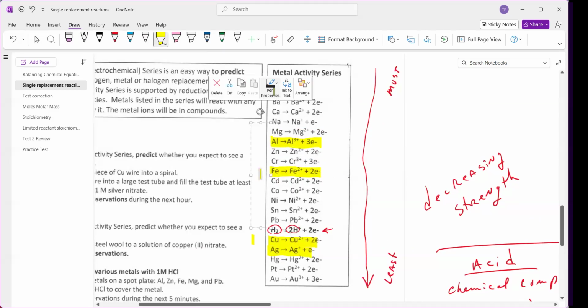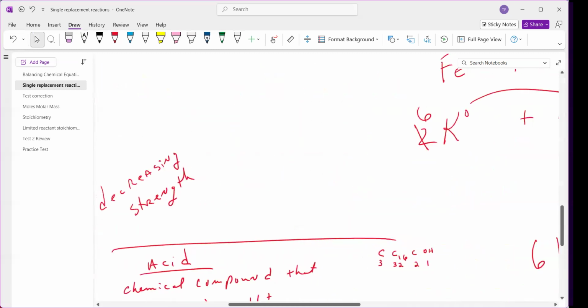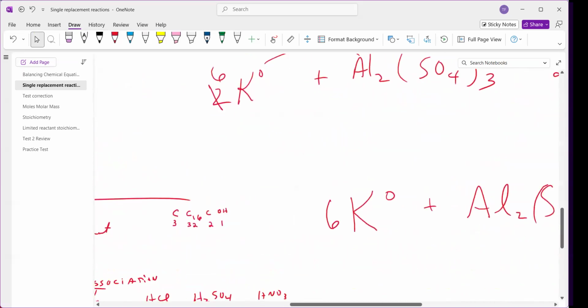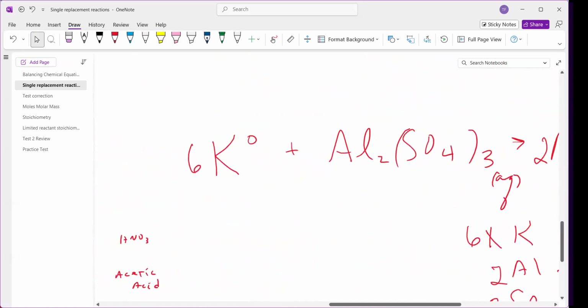So we've got potassium up here and aluminum down there. So the potassium metal is above the aluminum ion. So this definitely is going to go. Now, potassium is way at the top, so you don't even have to look at the reactivity chart to know that that's definitely going to go.